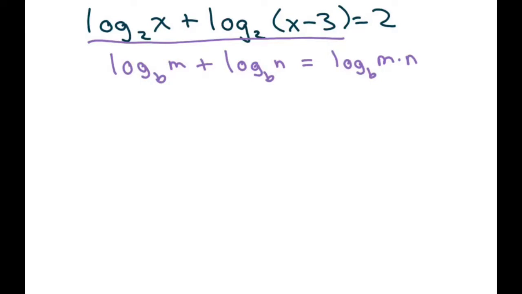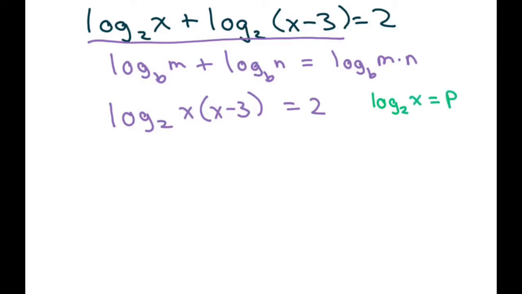That's just your product property, and we're going to write this as a single log. Then we have a 2 over here. The second thing I'm going to use is the fact that I can write log base 2 of x equals some power. I can write this as 2 to the power equals x.